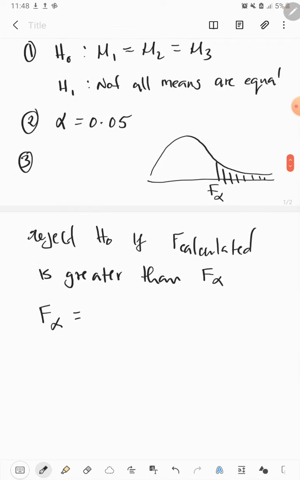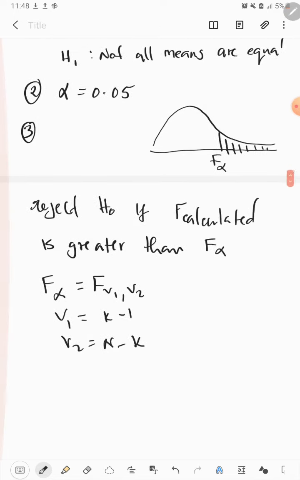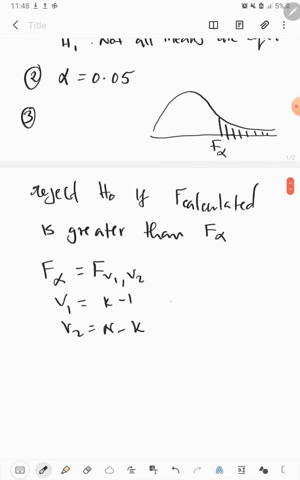Our F alpha is given by F with v1, v2 degrees of freedom, where v1 is given by k minus 1, and v2 is given by n minus k. Our k is the number of populations, in this case 3 minus 1, which gives us 2.